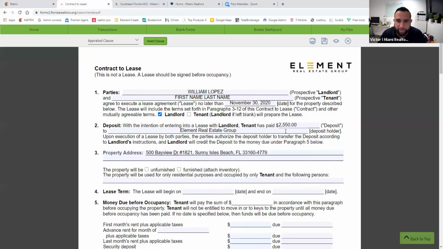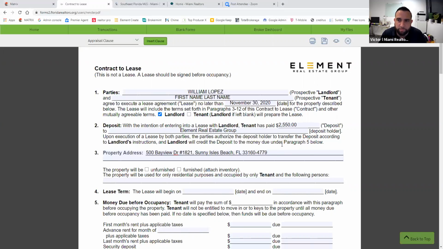In the future, if you're watching this video way after it's recorded, it is very possible that we might not be doing escrow holdings anymore. So please ask to make sure who you're supposed to hold the escrow deposit with. But for right now, $2,550, and that deposit is to be held with Element Real Estate Group.